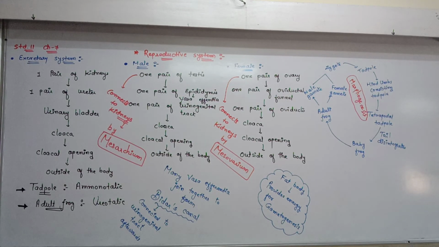For morphogenesis, thyroxine is essential, which is secreted from the thyroid gland. So if we remove the thyroid gland from the tadpole, the tadpole remains in the tadpole stage forever. Right? Important point.